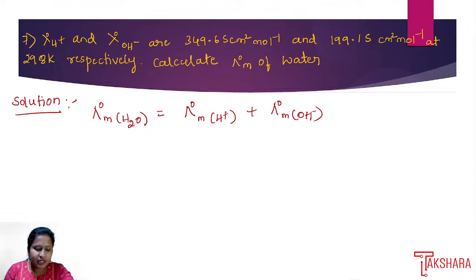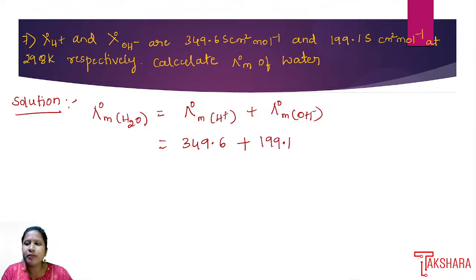So lambda naught m of H plus is given as 349.6 Siemens centimeter square per mole, plus this is 199.1 Siemens centimeter square per mole. So if we add these two values, we get the answer.